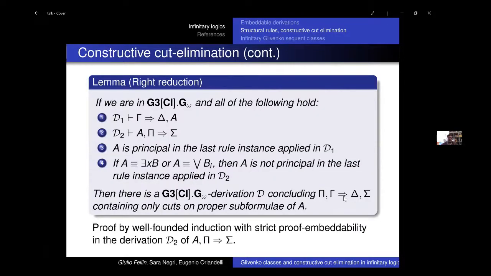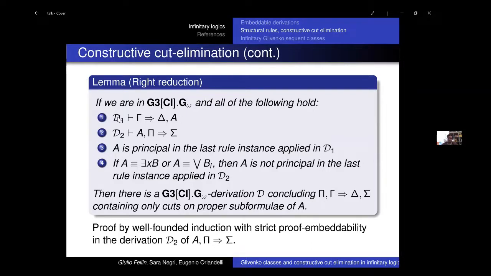Okay, so we can prove this lemma of right reduction if we are in G3, either the classical or the intuitionistic calculus, and all the following hold.